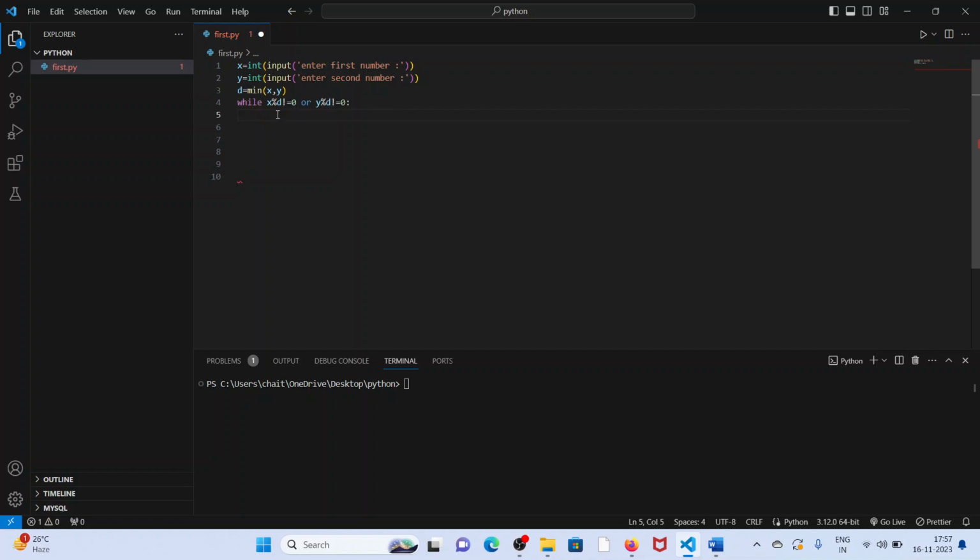If any condition is true, just decrement: d = d - 1. Here d starts as the minimum value of the two numbers you entered.